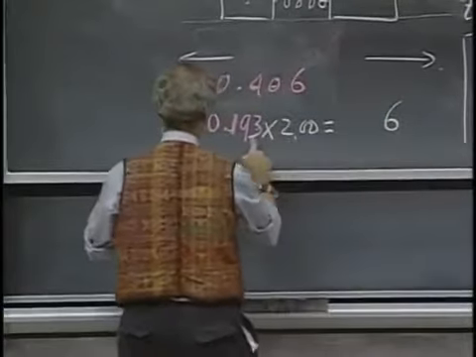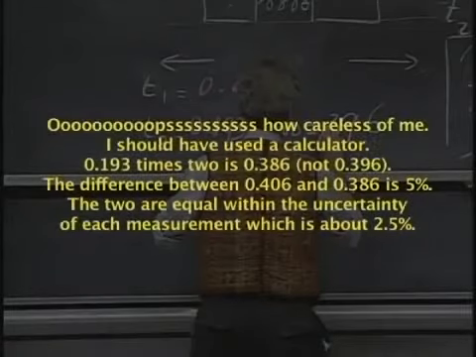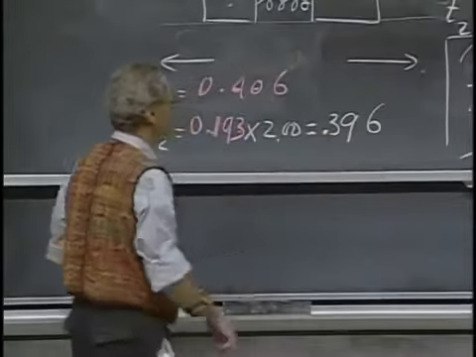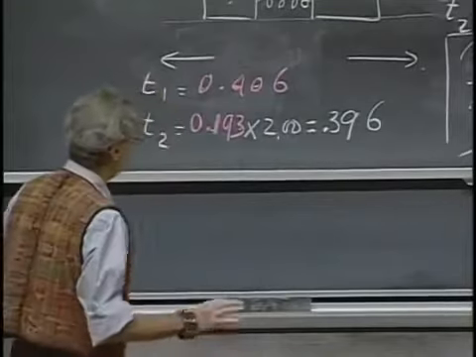I can even do that by heart. 9, 3. 0.396, 0.406. Close enough. The two are in excellent agreement within the 2.5% uncertainty in each measurement.